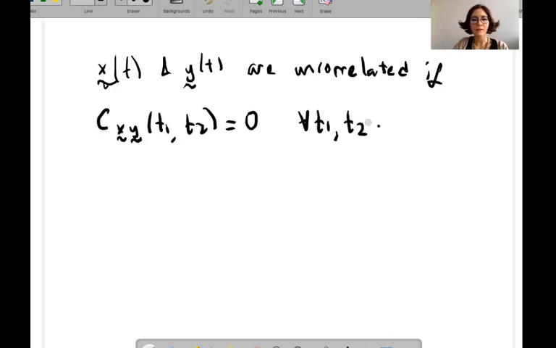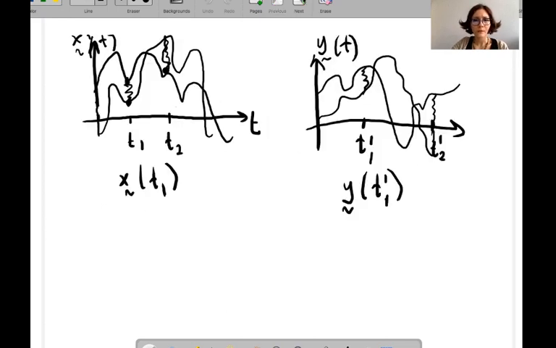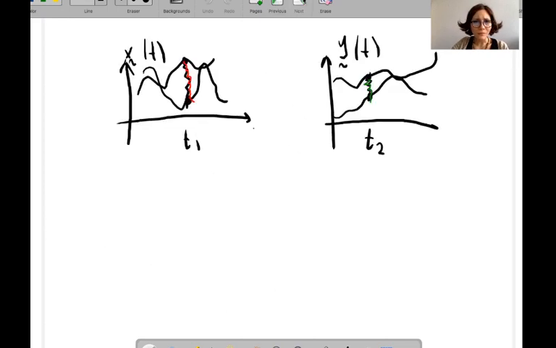If this is the case, you say that these two random processes are uncorrelated. No matter where you choose t1 and t2, these two random variables, the red random variable and the green random variable, are always uncorrelated. So if this holds, then you say that these two random processes are uncorrelated random processes.